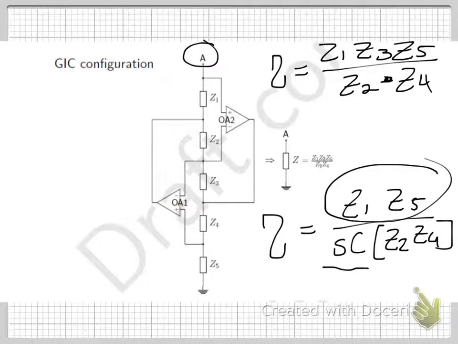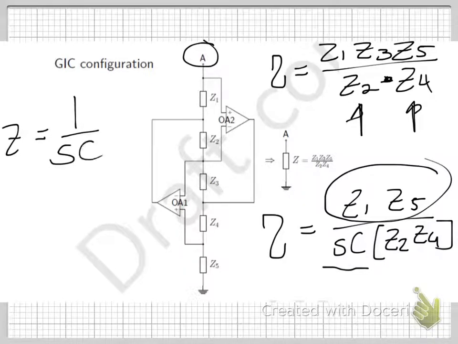And if you want to simulate an inductor, you would replace either Z2 or Z4. And the replacement I used was 1 over SC, because that's the impedance of your capacitor.